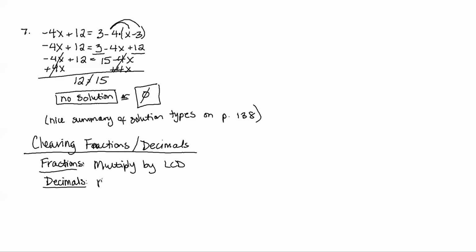But for decimals, we want to multiply by the highest decimal place. And so what I mean by that is if our largest decimal place that we have is the hundredths place, we're going to multiply every single term by 100. So let's go ahead and just look at a couple examples.